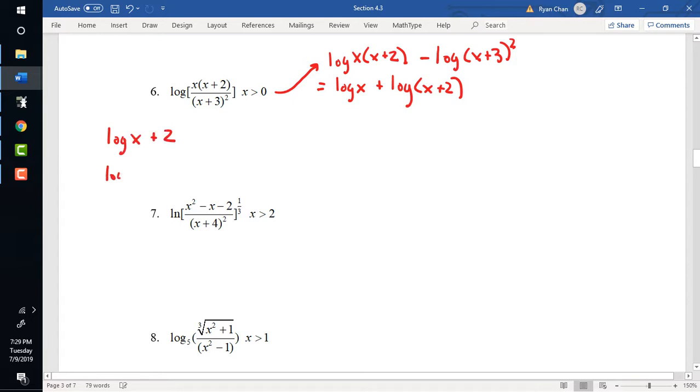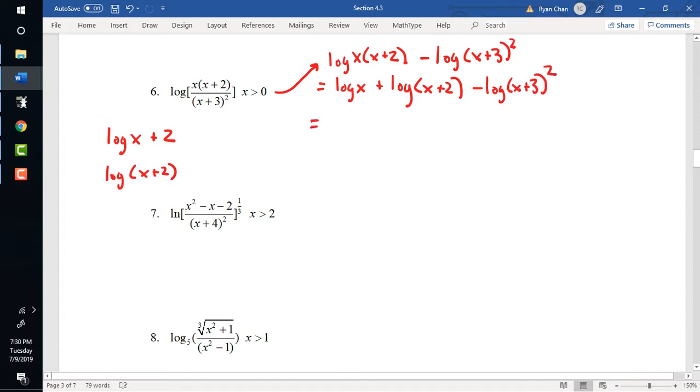Look at the difference between without parentheses and with parentheses. If I do without parentheses, notice I just have a 2 by itself, but with the second one, x plus 2 are together. So you need to be really careful about that. And then I'll bring my log of x plus 3 squared.